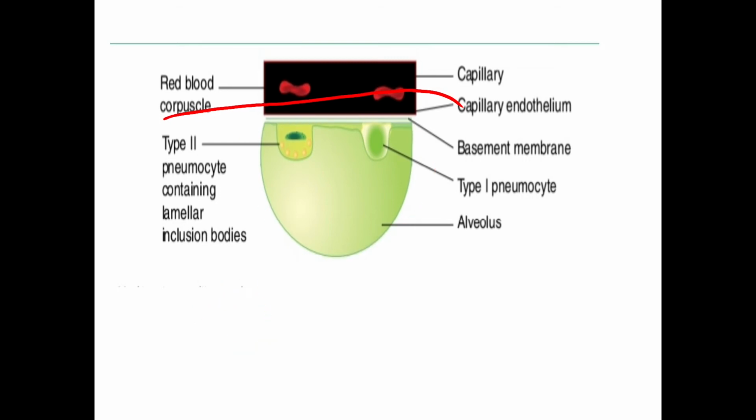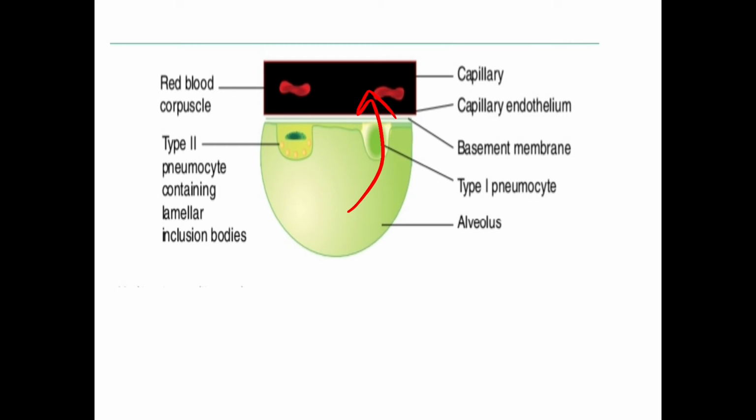So these type 1 pneumocytes have no organelles. You can see this structure does not have any organelles and it is attached to the basement membrane, right? So mostly the gas exchange occurs through these type 1 pneumocyte cells.